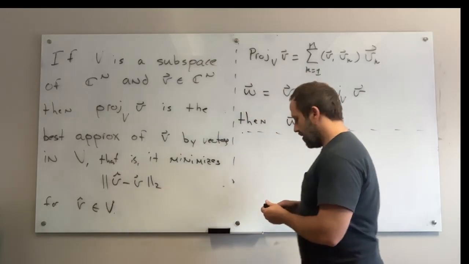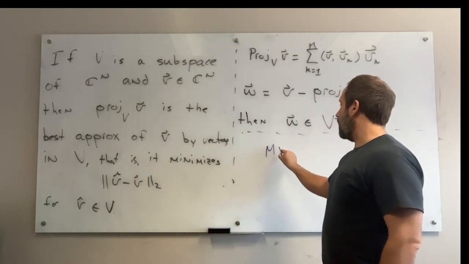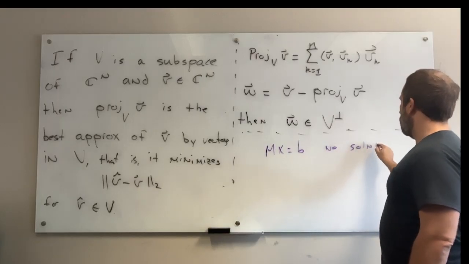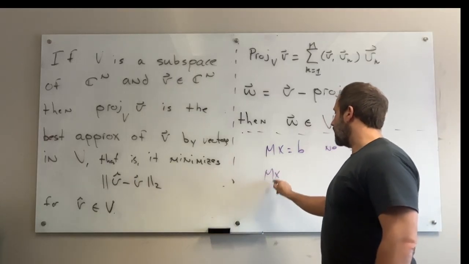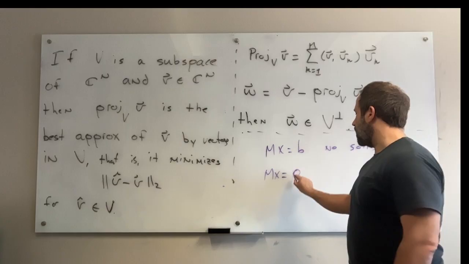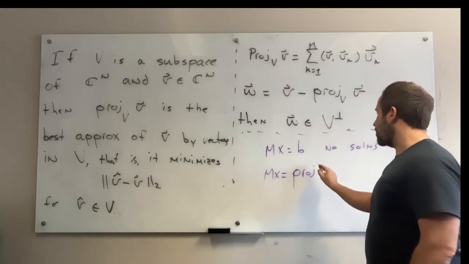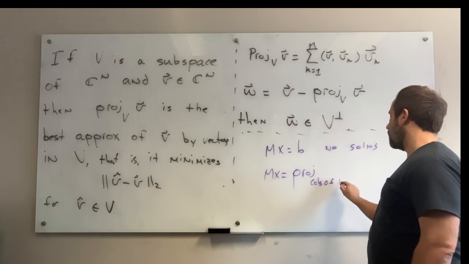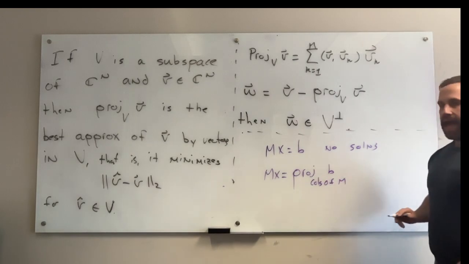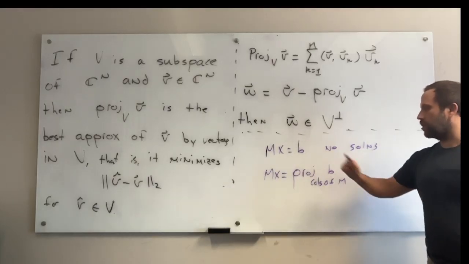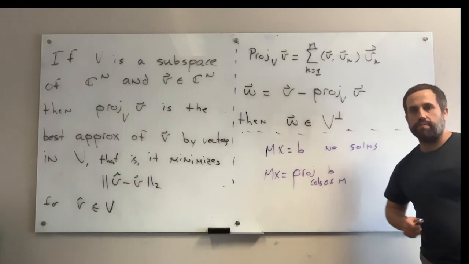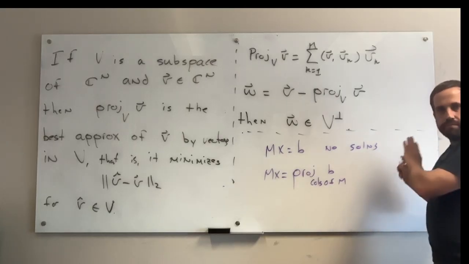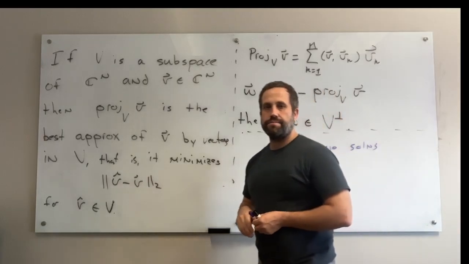If Mx equals b has no solutions, one thing that we can do is solve Mx equal to the projection of b onto the space spanned by the columns of M. Then this vector is the closest vector in the subspace of the columns of M to b, and then we can solve this equation. Okay, so if you didn't follow that last part for now, that's fine. I'll say more about that later.